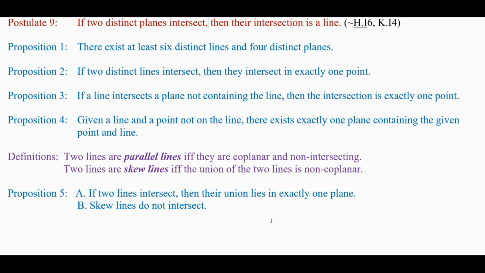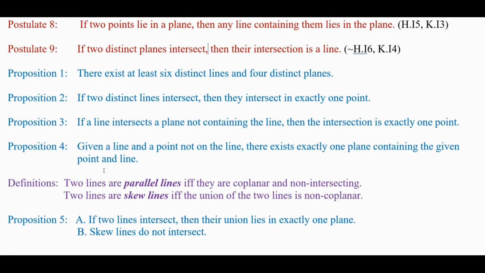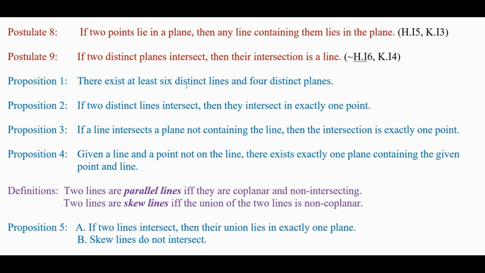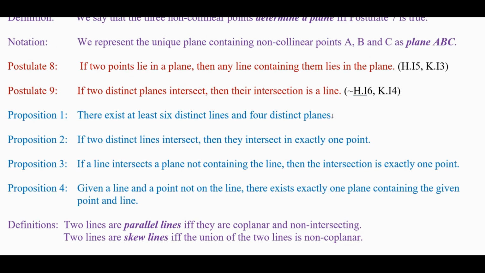This is really two different propositions, but they're closely related, so I made them 5A and 5B in terms of the numbering. I'll do that a lot of times. I'll group together a set of propositions that are related to each other. So here we have 5 propositions that can be proved from the postulates above. This is our set of what we would call incidence and existence postulates.